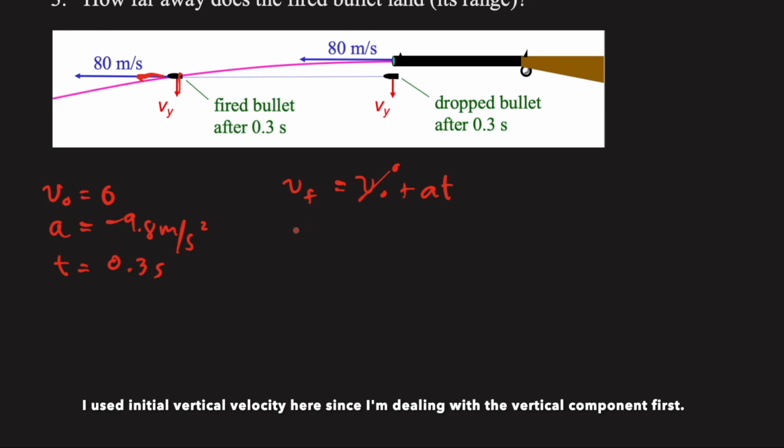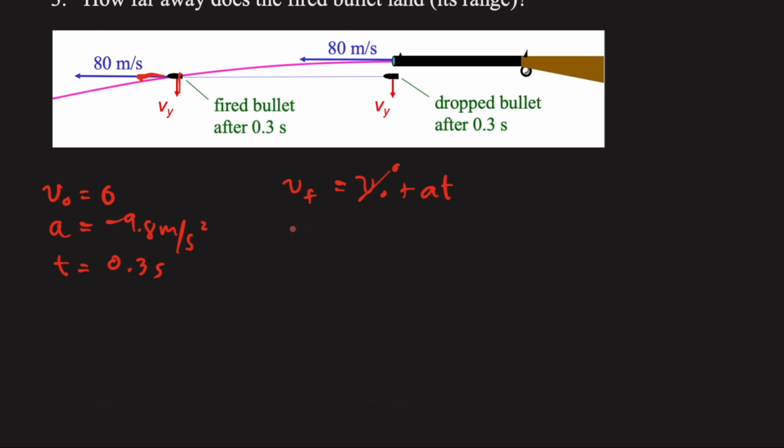We can substitute the Vf. The Vf here should be the final velocity, or the y component velocity of the bullet after 0.3 seconds. So that's Vy. This Vy is equal to negative 9.8 meters per second square times 0.3 seconds.